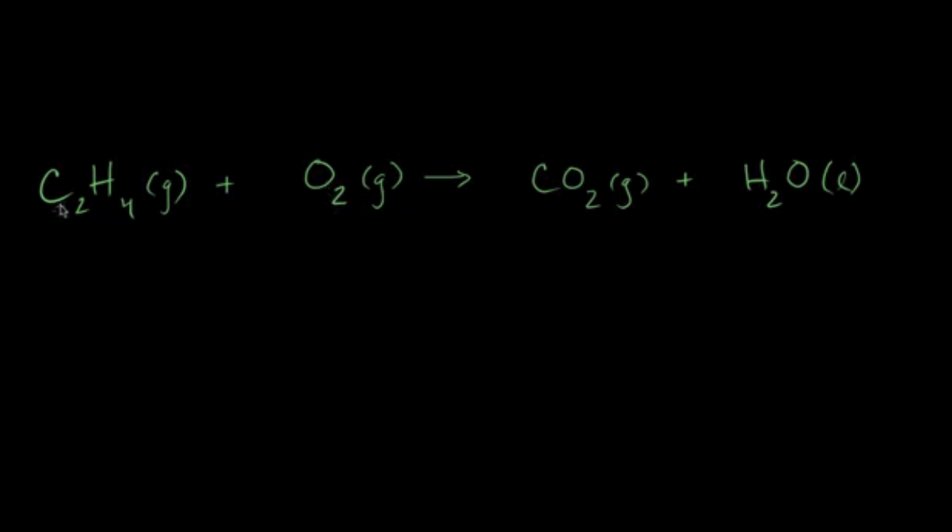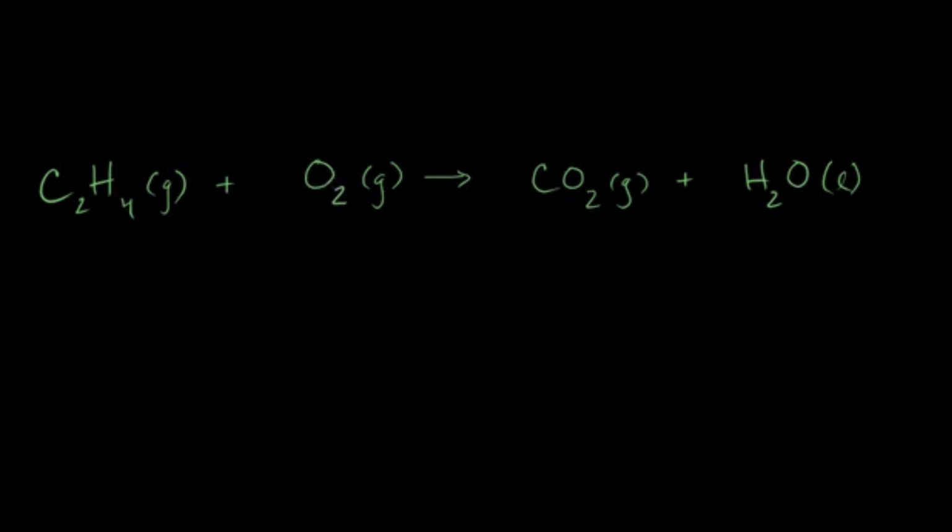If you saved, say, the ethylene for last, then every time you try to change the number of carbons, you're going to change the number of hydrogens, and you're going to have to balance over and over, and you're going to go into this really, really, really confusing circle. So the best thing to do, try to balance the complex molecules first, and then save the single element molecules for last.